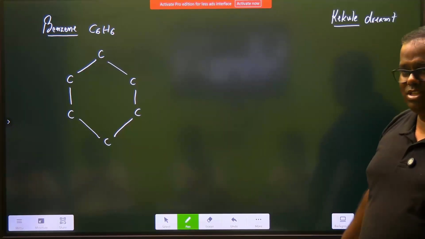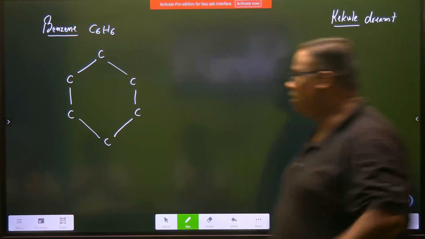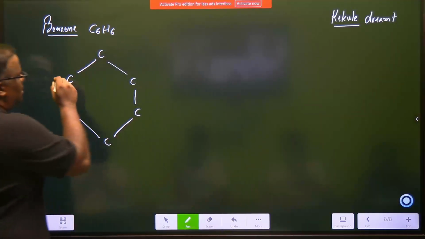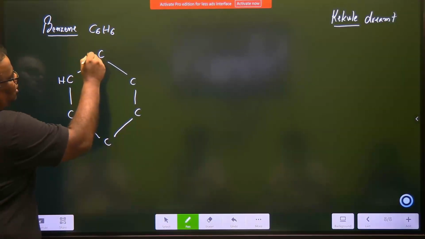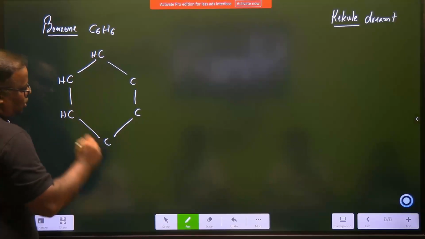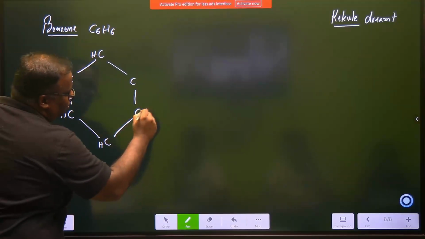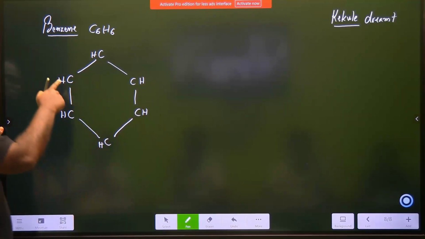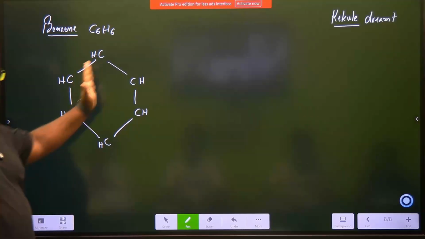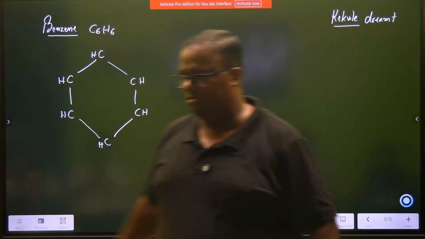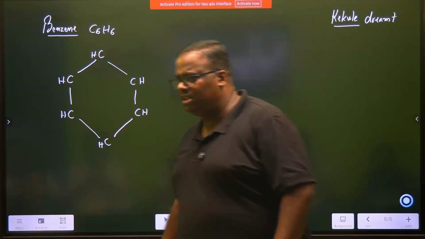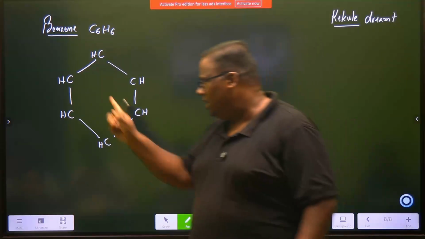How many hydrogens? 6 hydrogens. The 6 hydrogens are placed like this: H, H, H, H, H, H. Sir, why did you write HC and CH? Just to show that the bonding is between carbon and carbon. Have we made the compound stable? Not exactly. Look at this carbon.